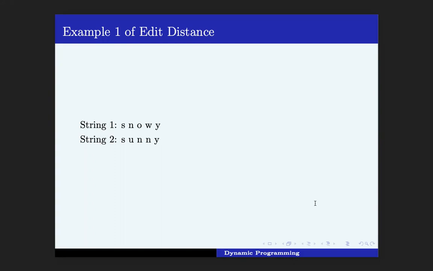Now I can insert U before N, so that becomes SUNWY. And then I will replace W with N, so it becomes SUNNY. Once again, with 3 operations, 1 addition, 1 deletion, and 1 change, I am able to convert snowy to sunny.